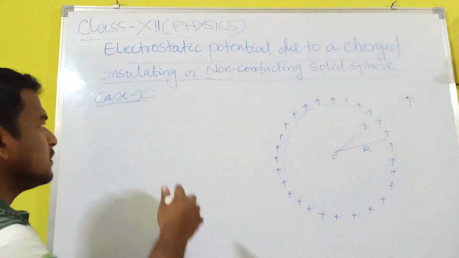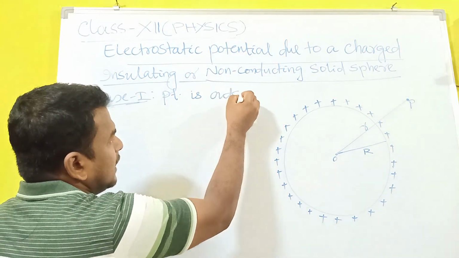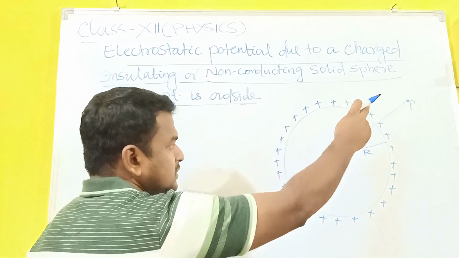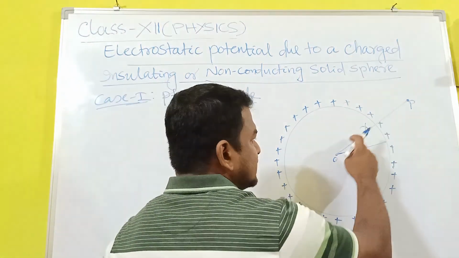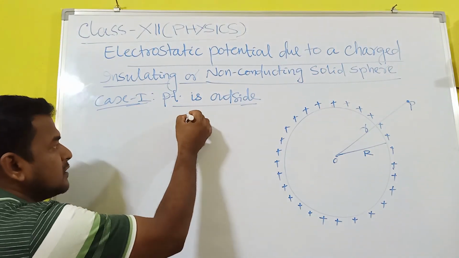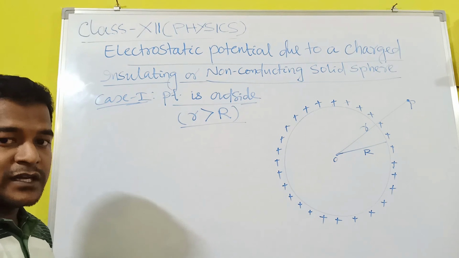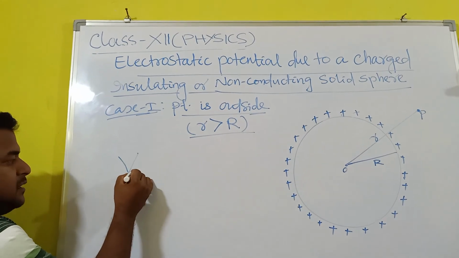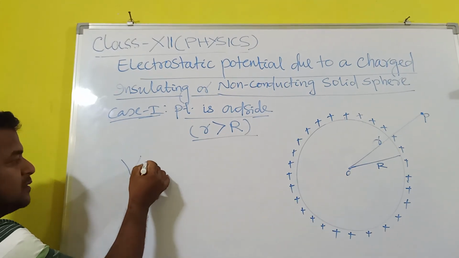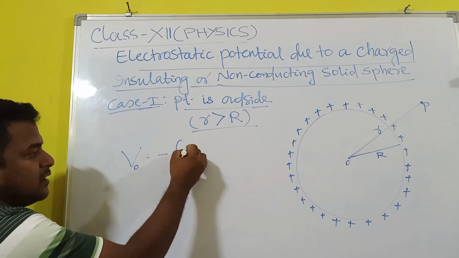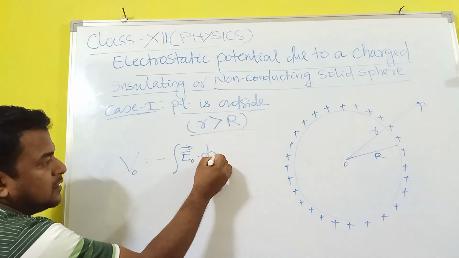Case 1: the point is outside the sphere. Then small r is greater than capital R. By the definition of potential, V0, the potential outside, is the negative integral of E0 vector dot dr vector.